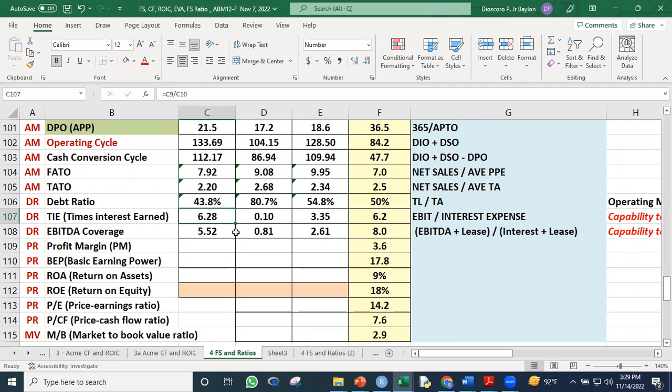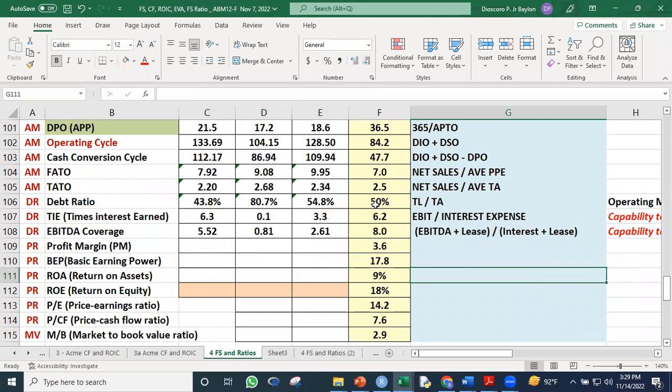2021 seemed to be a better year kasi mas umakyat pa siya. But if we compare it with the industry, halos pareho lang.